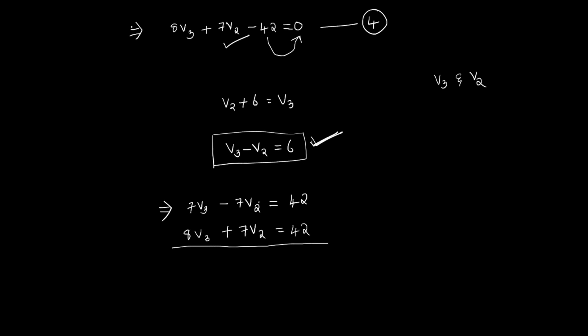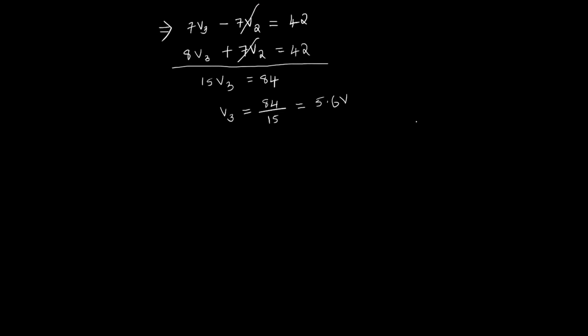So on eliminating this V2 term, we are left with 15V3 equals to 84. Now the value of V3 will be 84 by 15, which will be approximately 5.6, so 5.6 volts. So we have obtained the value of V3 as 5.6 volts.